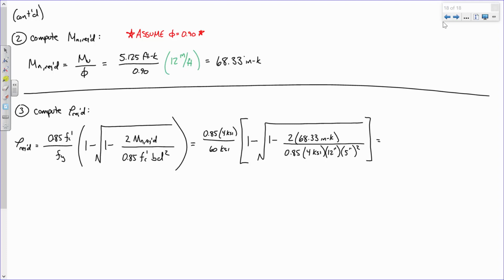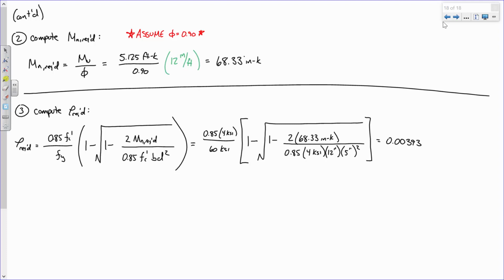Anybody have a value? Remember, reinforcement ratios, they are small. So it'll be 0 point something. 0.00393. All right, I got a second on that. Everybody else getting that? I'm going to tell you, that's the answer.